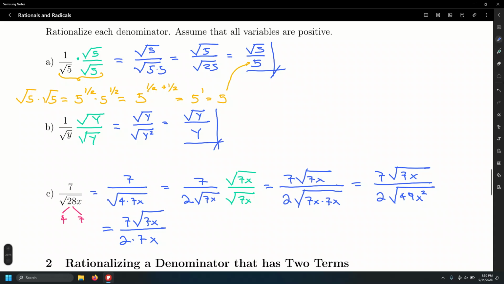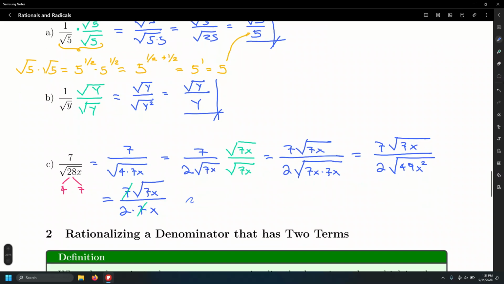That's going to give us 7 and 7. Divide them out, and we will have the following quantity, that is the square root of 7x divided by 2x. And again, observe how our final answer no longer has radicals in the denominator.